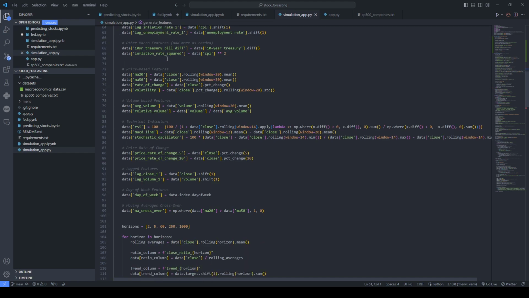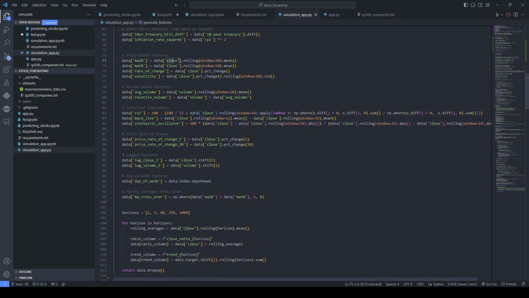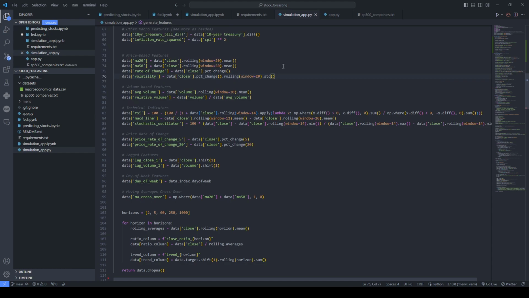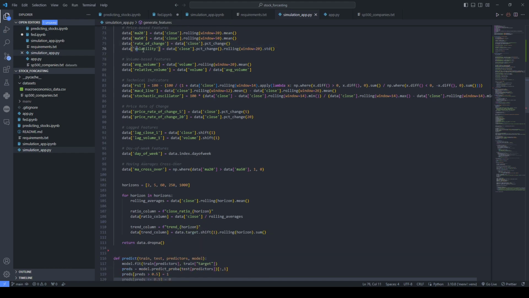Anyway, with closing we again have a 20-day sliding window, a 50-day sliding window, and so on. Again the percent change, and we have volatility too. If we have a volume column, that's also okay.